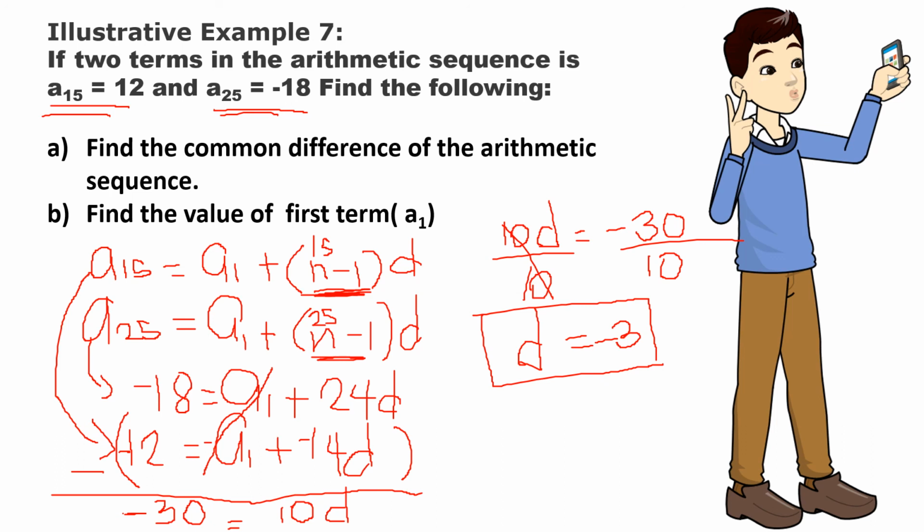So yung value ng first term natin, gamitin na lang natin si A15. So we have A15 equals A sub 1 plus 15. Pwede nyo naman i-shortcut yan.